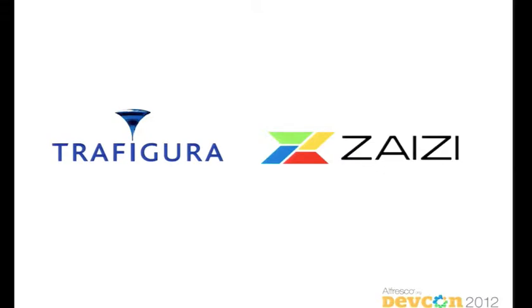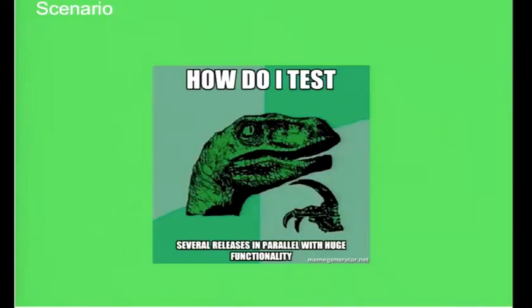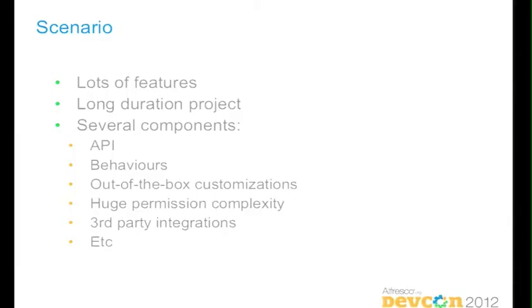Okay, so what was the challenging scenario? Basically, we have this philosopher, Velociraptor, who is thinking, how do I test several releases in parallel with huge functionality? The same happened to us. We have a scenario with a lot of features, a long duration project with a lot of people.